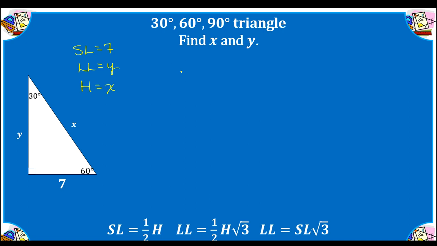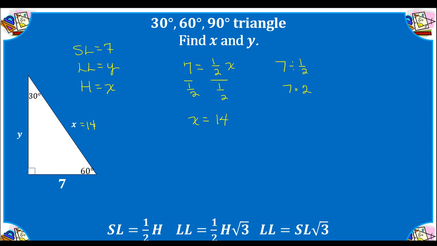So my formula is short leg, which is 7, is equal to 1/2 times your hypotenuse, which is x. So we're going to divide by 1/2. When you're dividing by 1/2, it's really multiplying by the reciprocal. So our hypotenuse is 14.